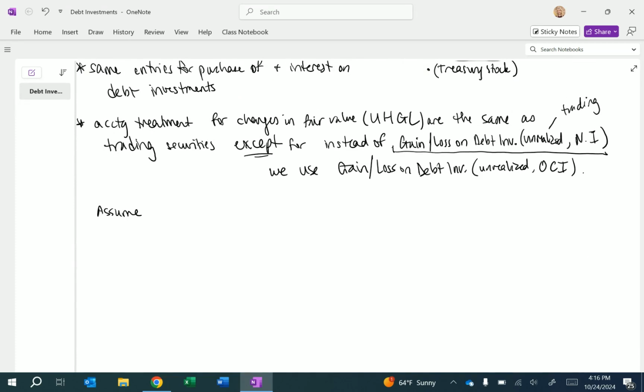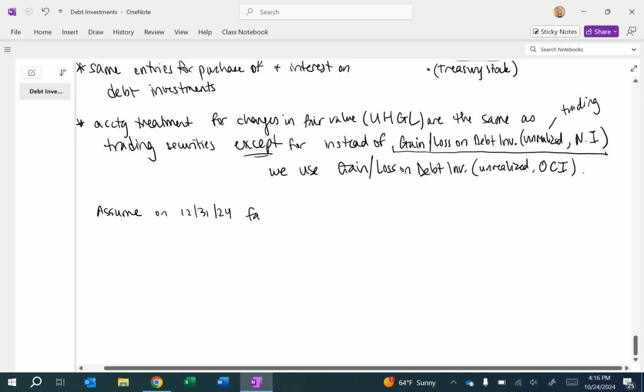We amortized the discount, and we recorded the interest revenue. Now it's 12/31, and we're assuming again the same fair value we used when it was classified as trading, 714,943.